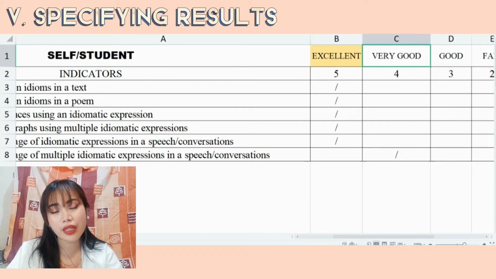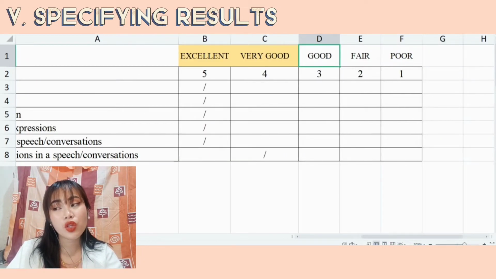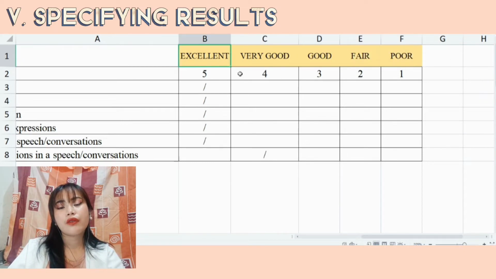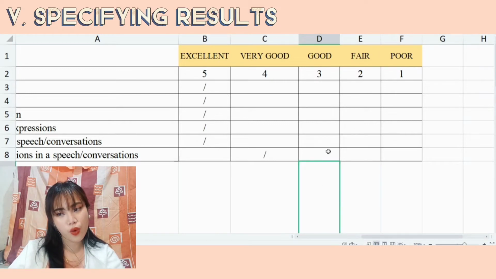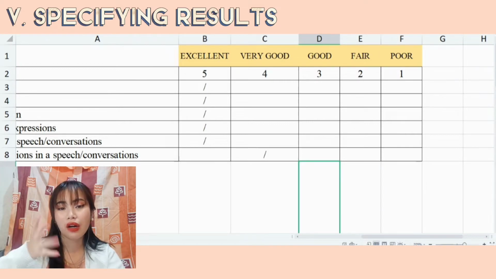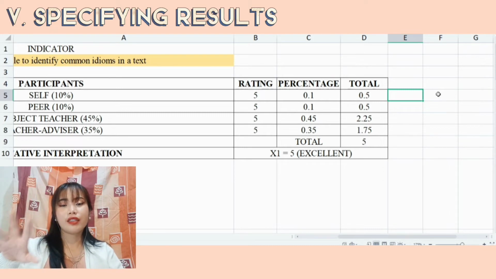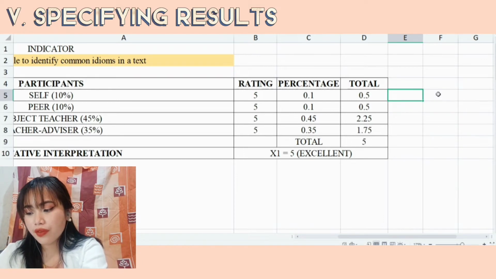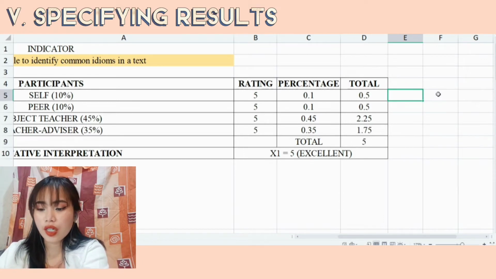When we say 4, it means very good. When we say 3, it means good. When we say 2, it means fair. And if we rate it 1, it means poor. Now, what does 5 represent in our checklist earlier? 5 represents excellent. So the qualitative interpretation for the first indicator, which is 5, is excellent.